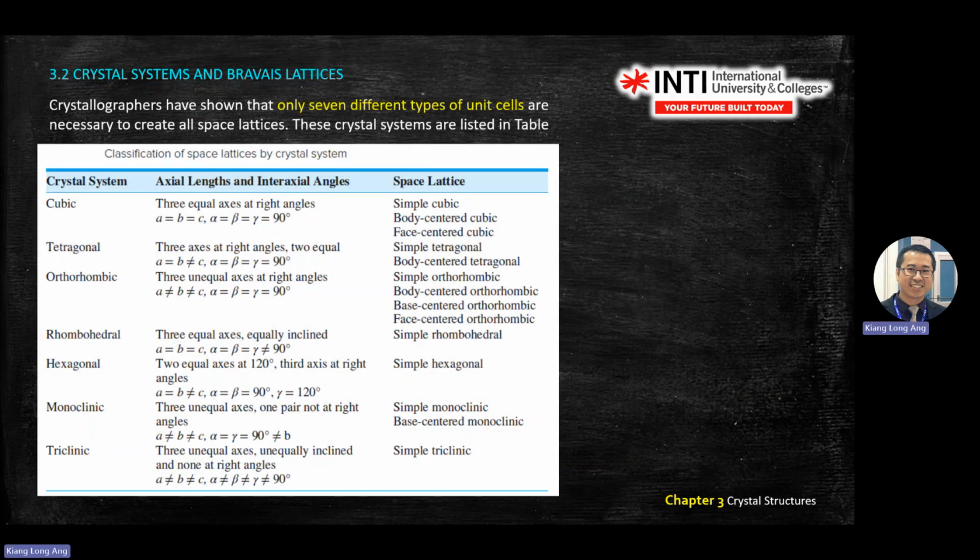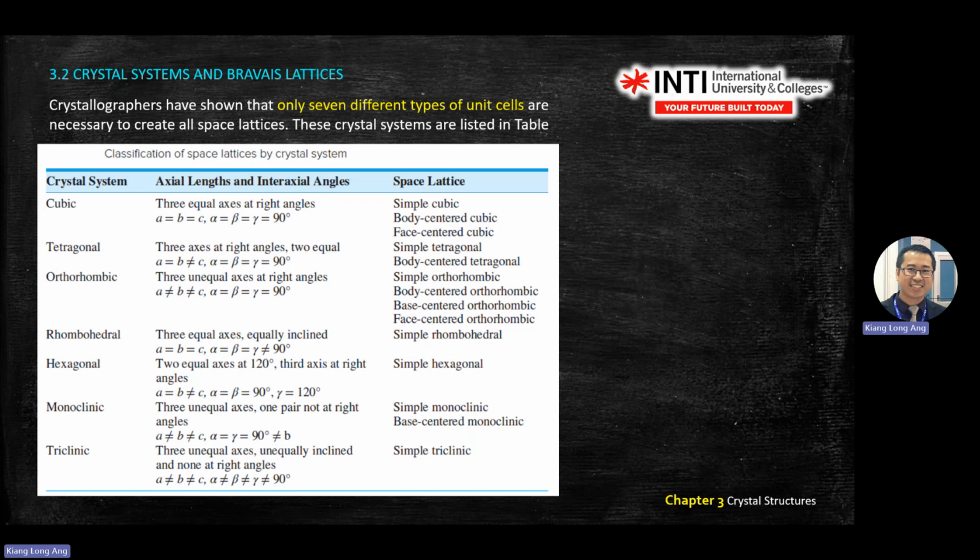There are 7 types of unit cell. A unit cell is one unit of cell, or space, or lattice. So 1, 2, 3, 4, 5, 6, 7. It might take some time to memorize these 7.